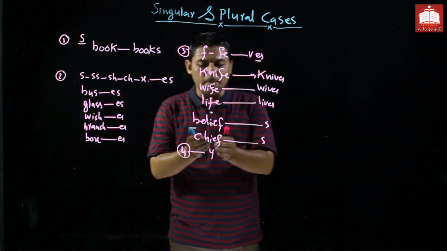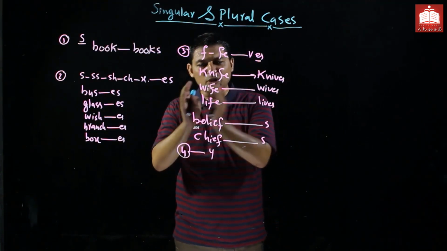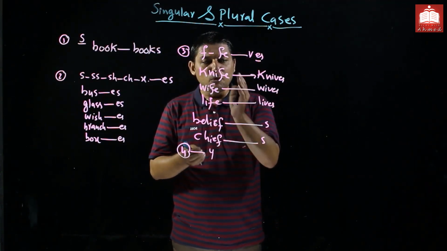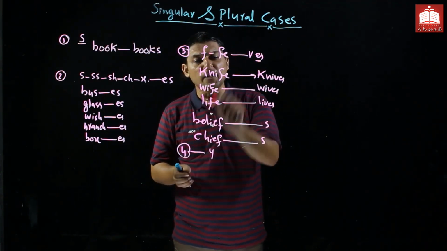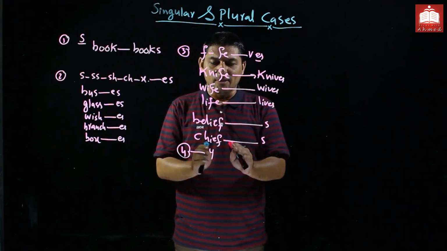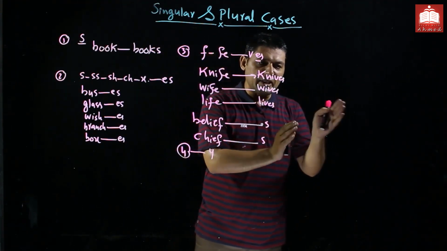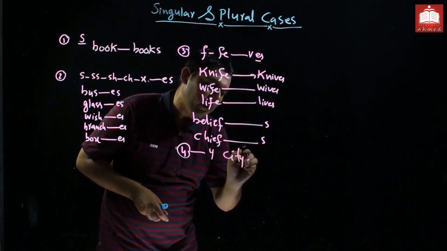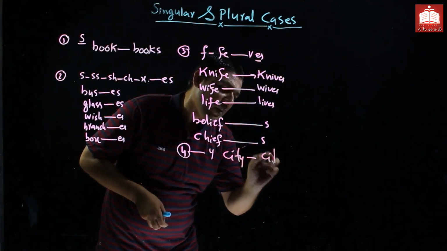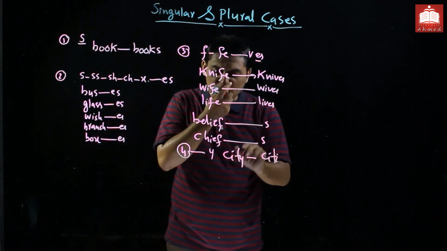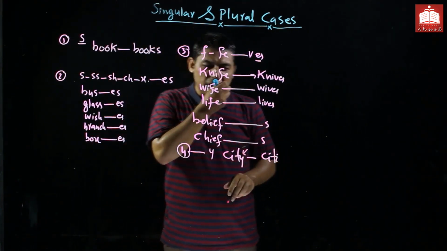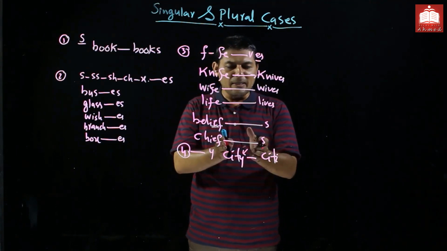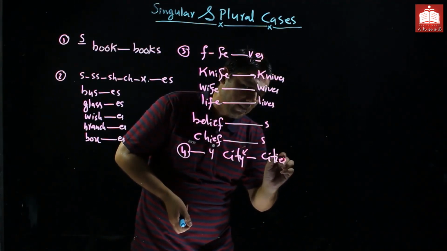If you find y at the end of a noun and before y there is a consonant sound or consonant letter, then you will remove y and add ies. A very common example is city. We have to remove y, and in place of y we add i, then es.